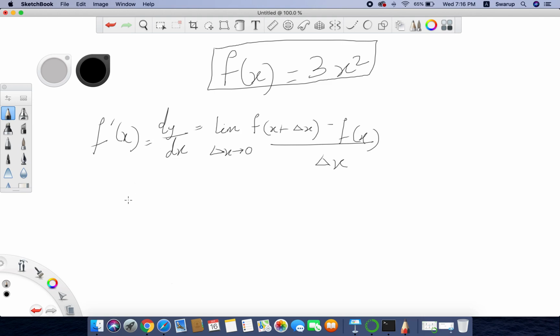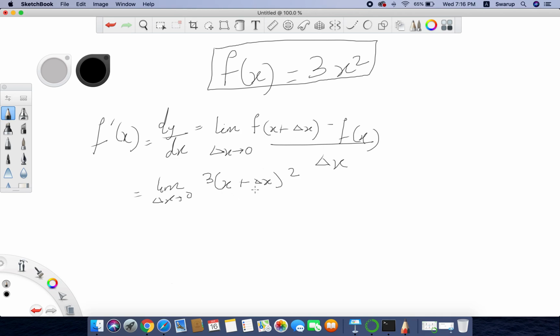So here within this, we'll just say limit delta x implies 0, and f of x is nothing but 3 of x plus delta x square. So we have a function which is nothing but 3x square.